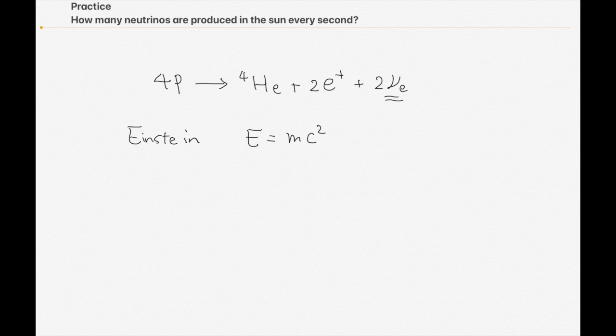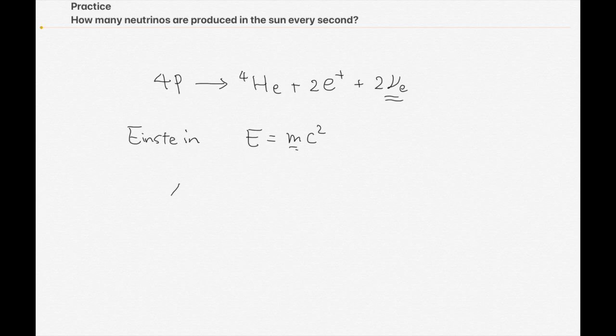The contributions of the positrons and neutrinos are not included in the calculation because they are much lighter than the protons and the helium-4. We calculate the difference between the mass of 4 protons and the mass of helium-4.